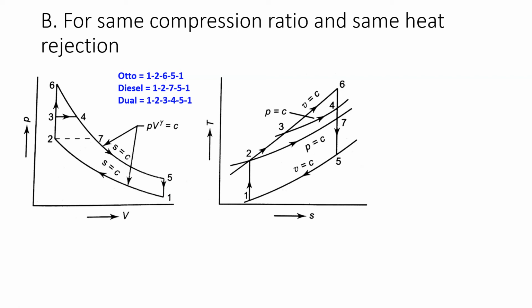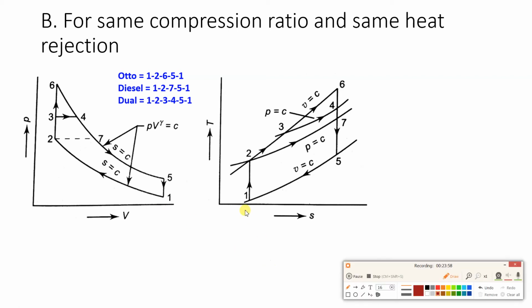So again we will start with our analysis. First we will see Otto cycle. So in case of Otto cycle, process 1 to 2 is isentropic compression. Here also I will draw at the same time 1 to 2 process, it is isentropic compression. Now process 2 to 6, we are considering process 2 to 6, it is constant volume heat addition in case of Otto cycle.